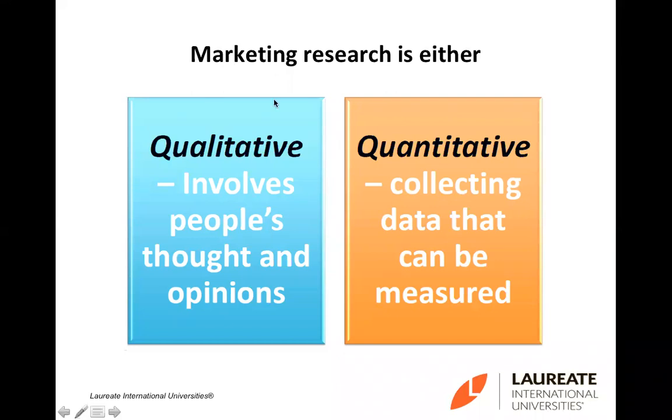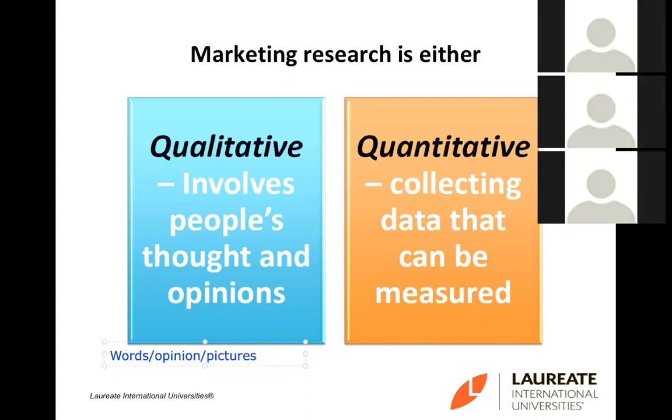Right now, in terms of research technique, we have two types of techniques. The first one is qualitative, and the second one is quantitative. The qualitative basically generates information in the format of words or opinion. Sometimes, if we use certain techniques such as a projective technique, we may get pictures as the association.